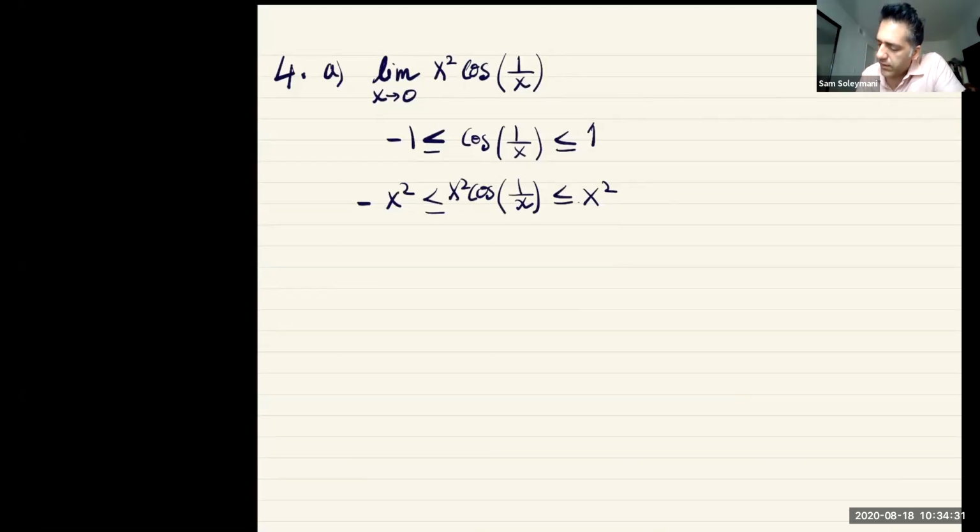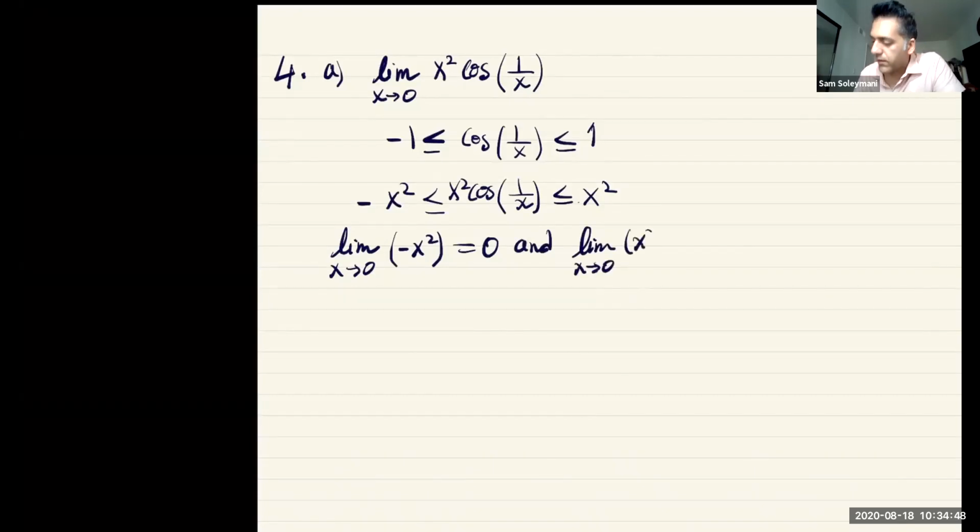So the limit as x goes to 0 of -x squared, well, that's a polynomial, that limit is 0, and the limit as x goes to 0 of positive x squared, the right bound, is also 0.